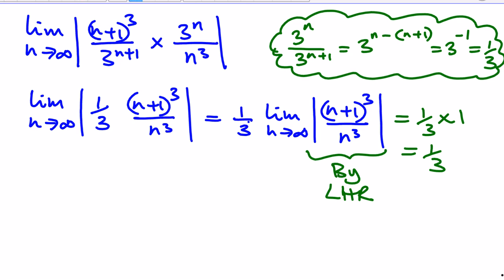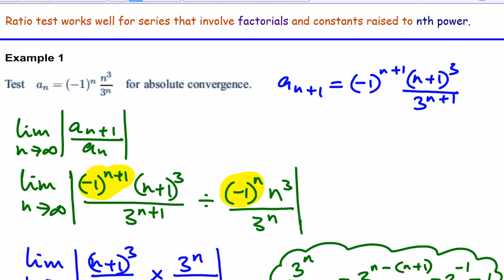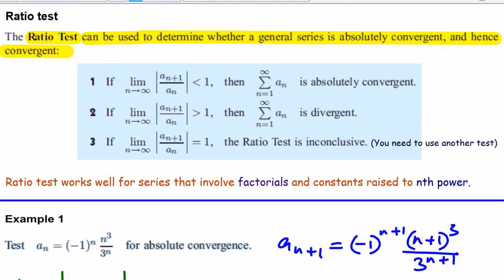And if we go back to what we mentioned, a third is less than 1, which means that our series is absolutely convergent.